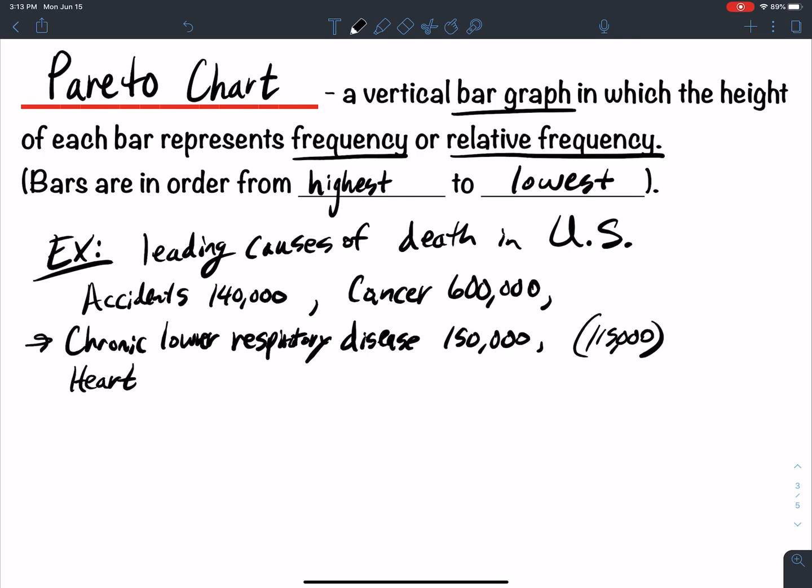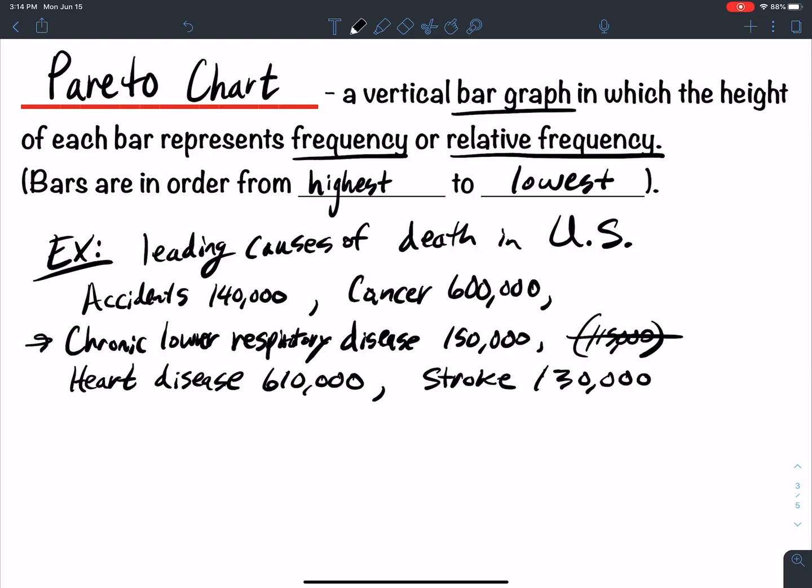So heart disease, we've got 610,000, and then stroke, there's 130,000 people per year that die.